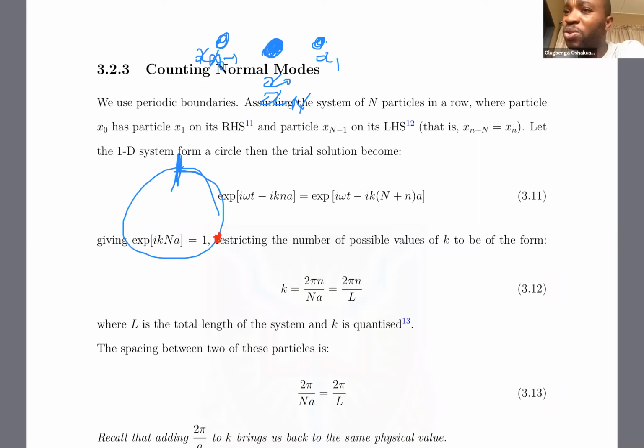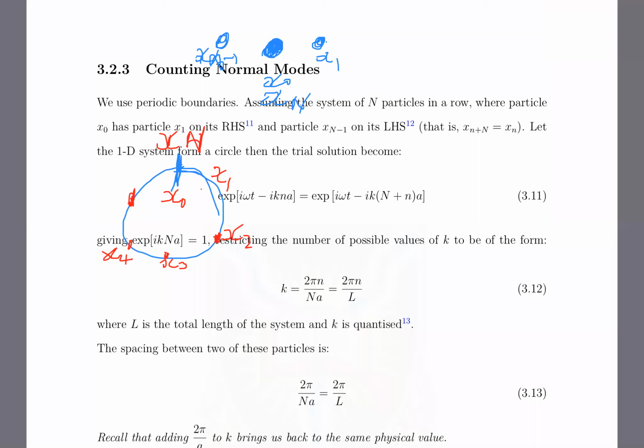Something similar here now. This is x0, which is the same as x_N. On the right, we have x1, x2, x3, x4, x5, and x6 is the last one, which is x_N. So we have N particles here.